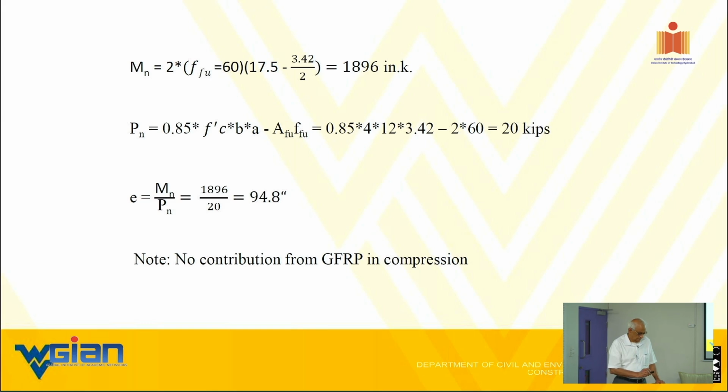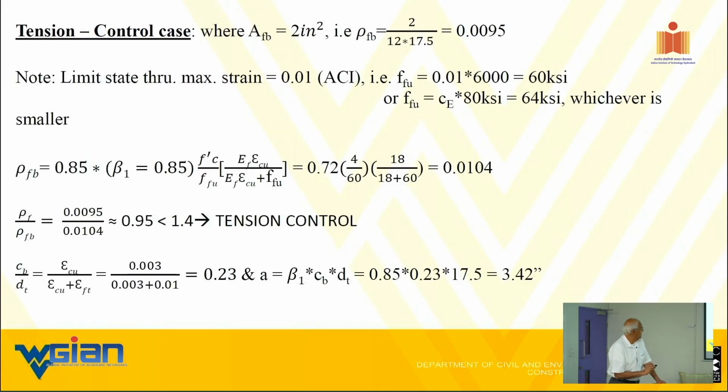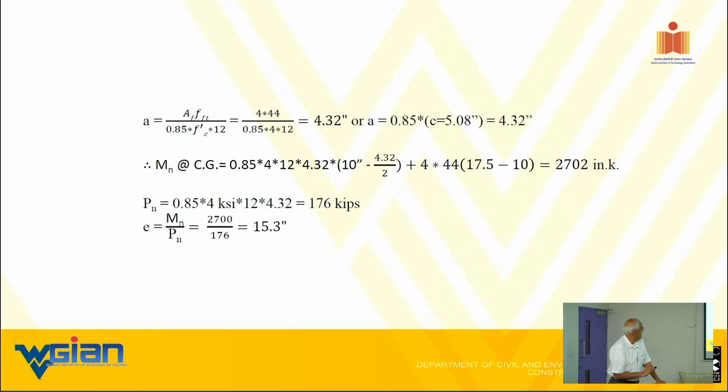Okay. So this is how you establish the capacity of a column, both in terms of compression control and tension control. If you look at the tension control, you got, say, 1896 or 1900 inch kips. In a compression control, you got 2700. Stop and think about it.